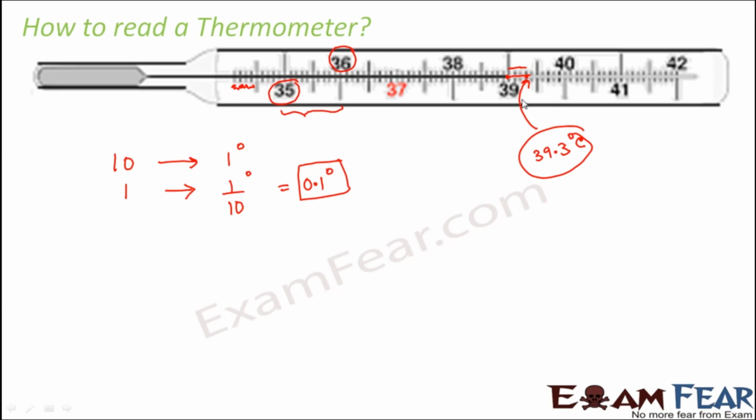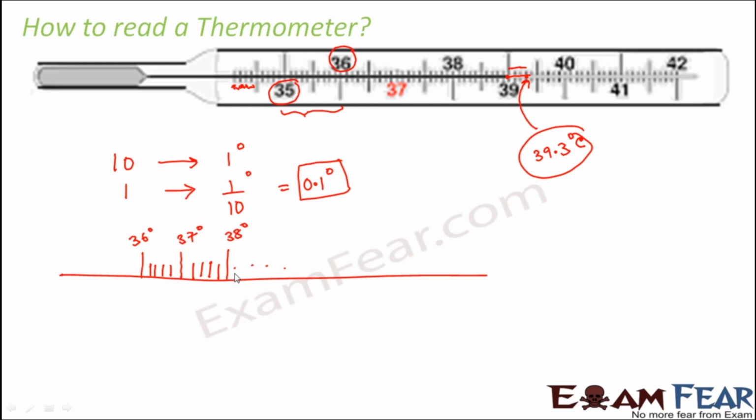Now let's take another example where let us suppose you have a thermometer, and the measurement is given like this. This is 36 degree and then you have 1, 2, 3, 4, 5 and then you have 37 degree. Then again you have 1, 2, 3, 4, 5 and again 38 degree and so on.